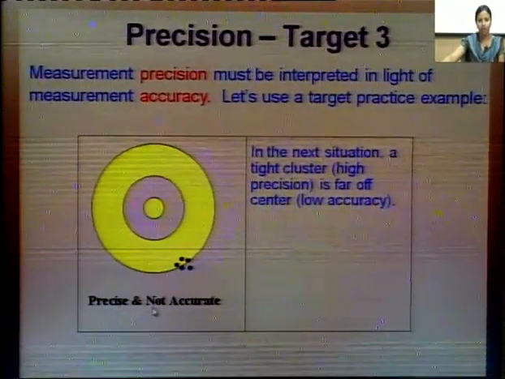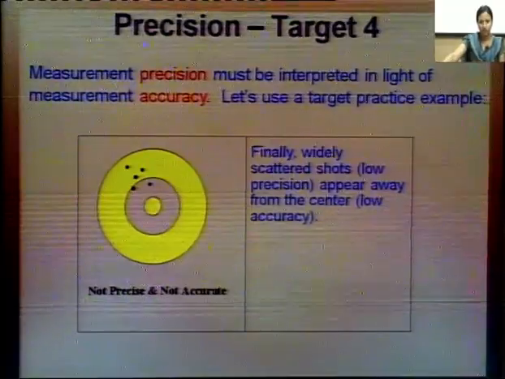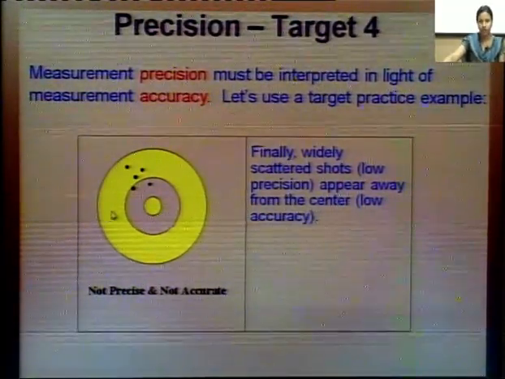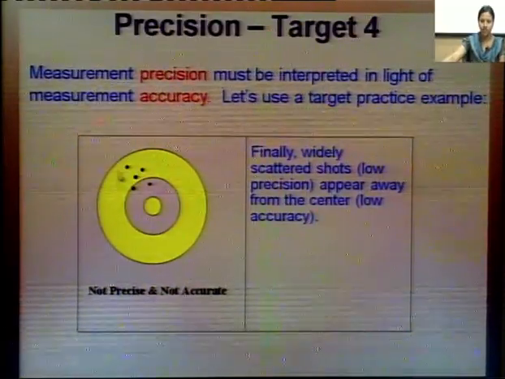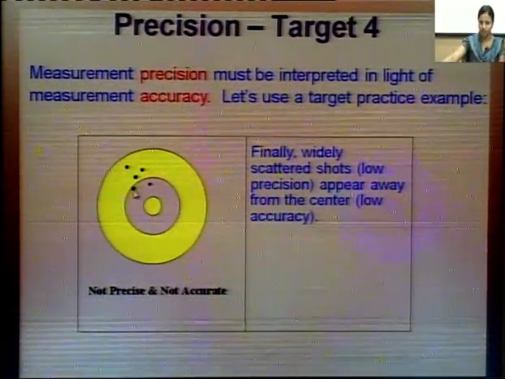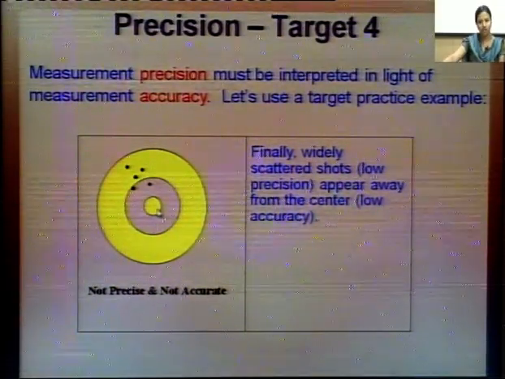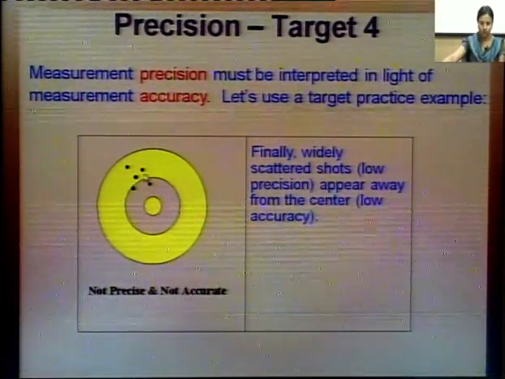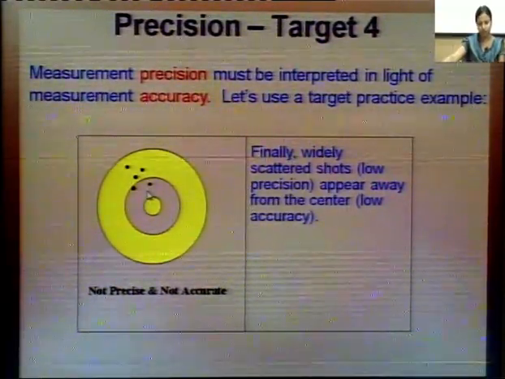So this measurement is precise, but it is not accurate. Now I think we can define easily. These data points are scattered, so this is not precise, and these points are away from this point, so this is not accurate. So it is neither precise nor accurate.